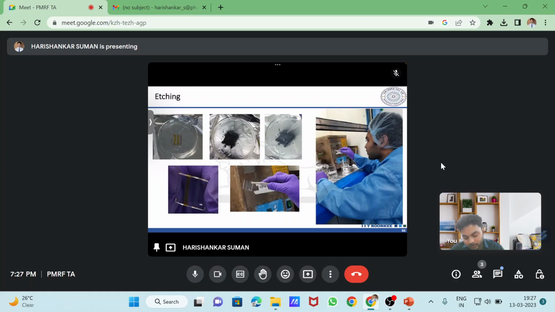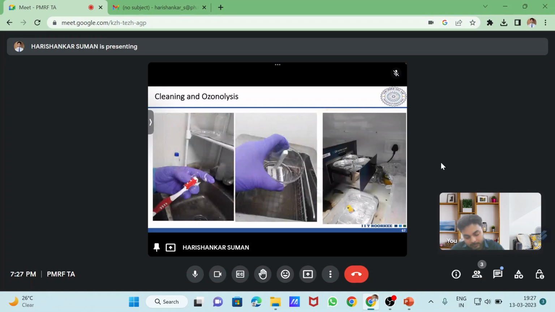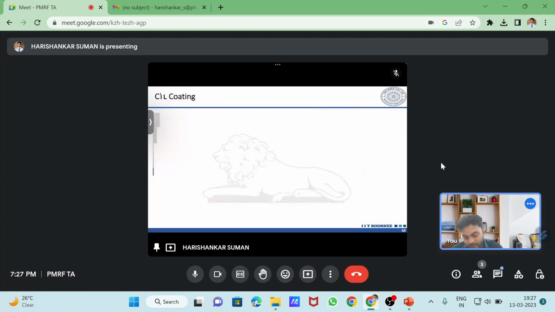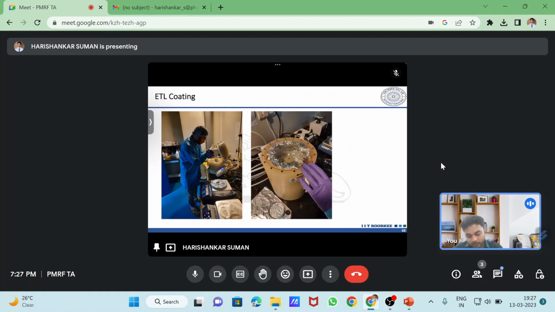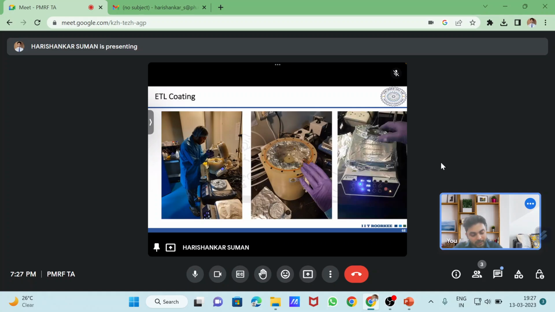Then cleaning in the lab, ozone treatment. Then the ETL layer is coated on the FTO. This is spin coating of the ETL layer. Then annealing.